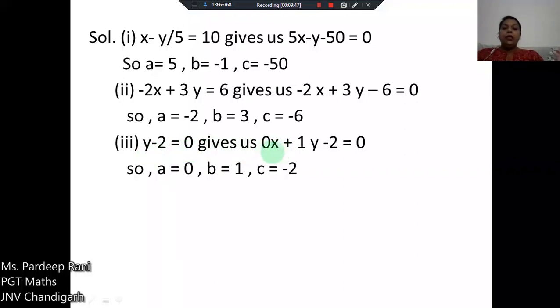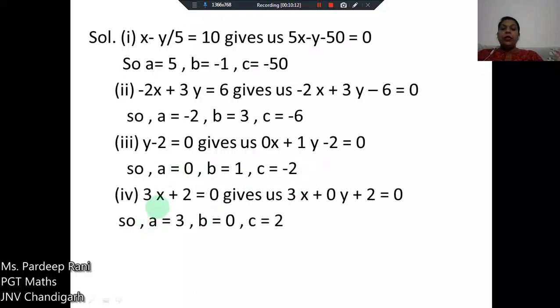We get 0x plus 1y minus 2 equal to 0, and on comparing this equation with ax plus by plus c equal to 0, we get the values of a, b and c as 0, 1 and minus 2 respectively.